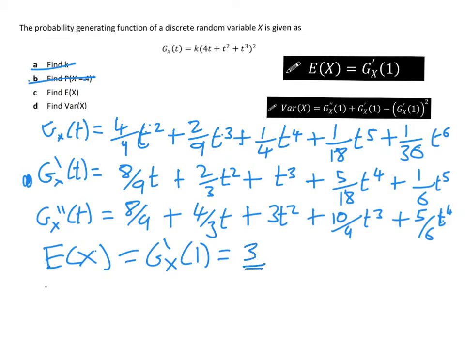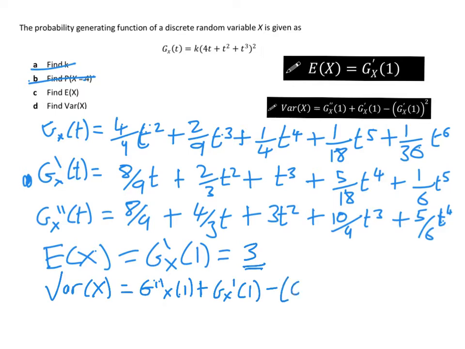The variance of x would be, well, remember, it's going to be the second differential with 1 substituted plus the first differential with 1 substituted in, minus the expected value squared, the first differential with 1 substituted in, then squared.